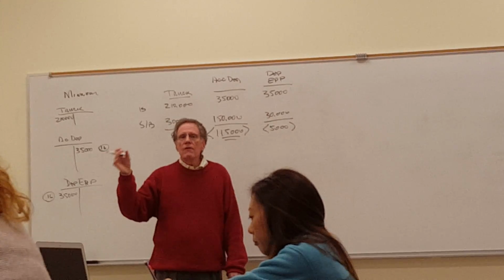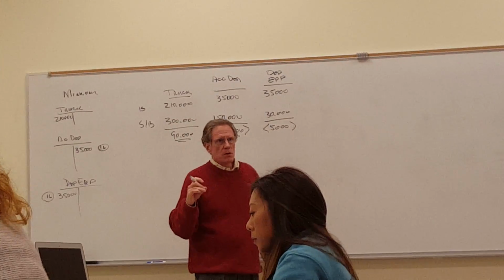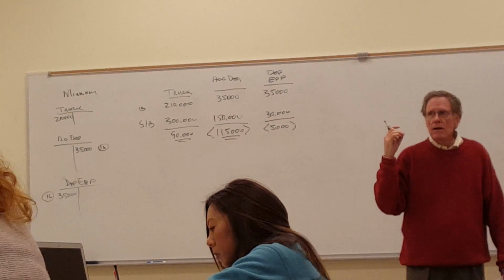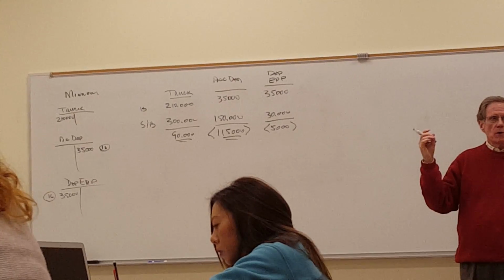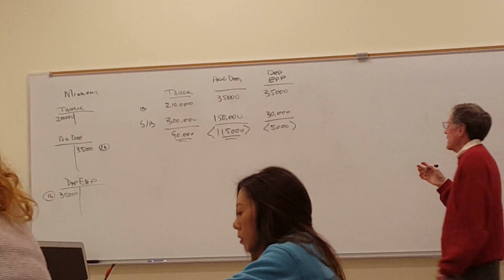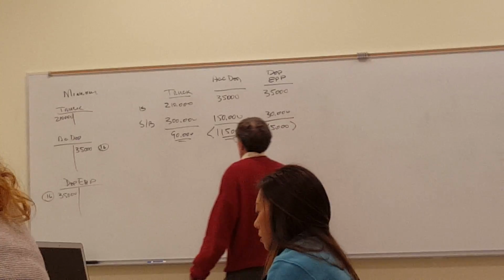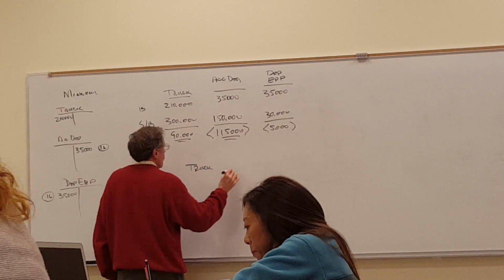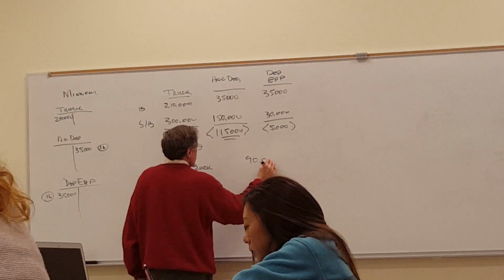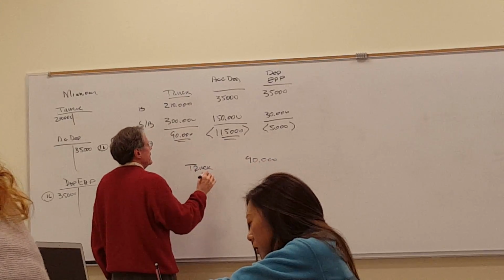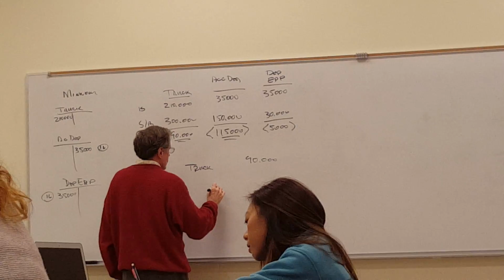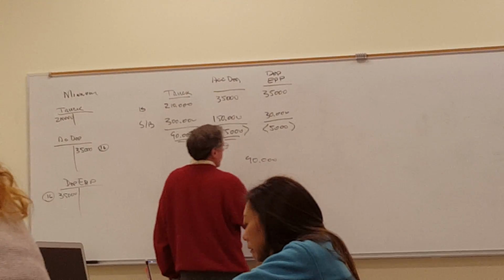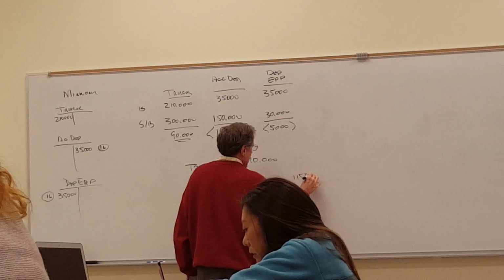We also have 30,000 that has moved from the gain, and we're going to go back and take that against our investment account. So we have a debit to the truck for 90,000. We have a credit to accumulated depreciation for 115,000.